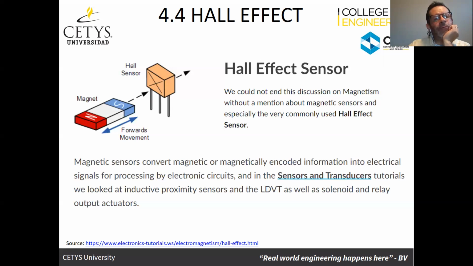So when we have what's called a Hall effect sensor, like the one we see here in the image, it's a sensor that is able to detect changes in a magnetic field. Any magnetic field around the Hall sensor, if that magnetic field changes or moves or gets larger or smaller, then the sensor is going to proportionately generate, because of the Hall effect, a voltage or a current proportional to that change in the magnetic field.